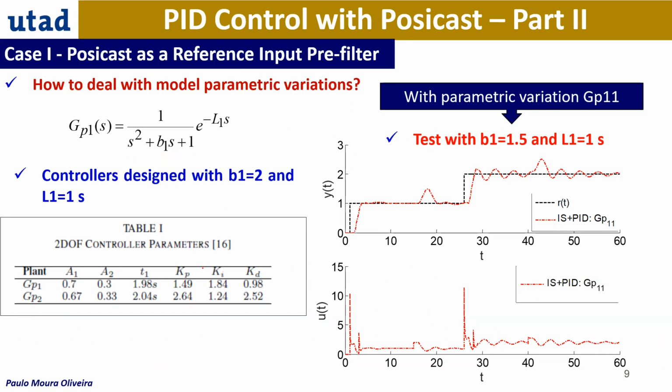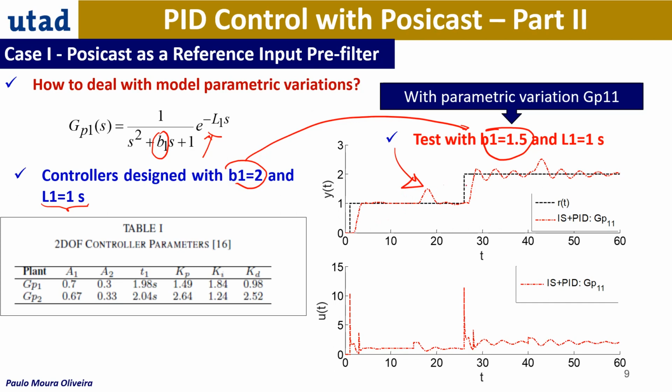And just to show you how sensitive the Posicast is to parametric variation, we got here a second-order system with a time delay and with this parameter B1 and the time delay L1. So B1 is 2 initially, and the time delay is 1 second. And when we change the B1 from 2 to 1.5, this is the result if we don't change the gains.